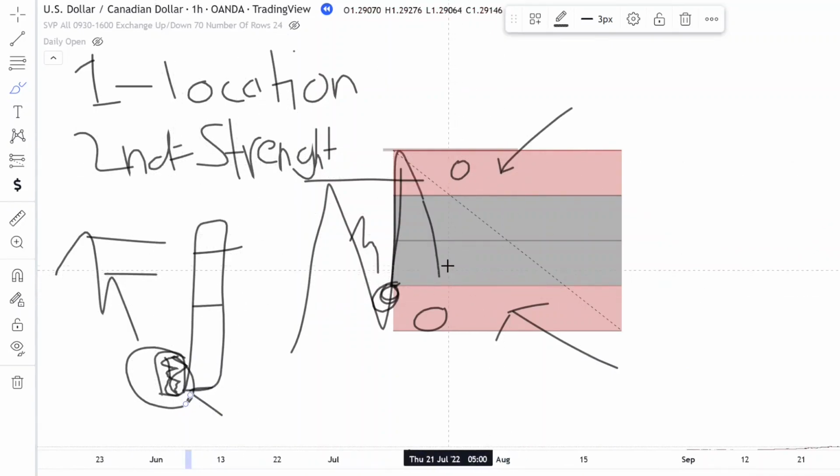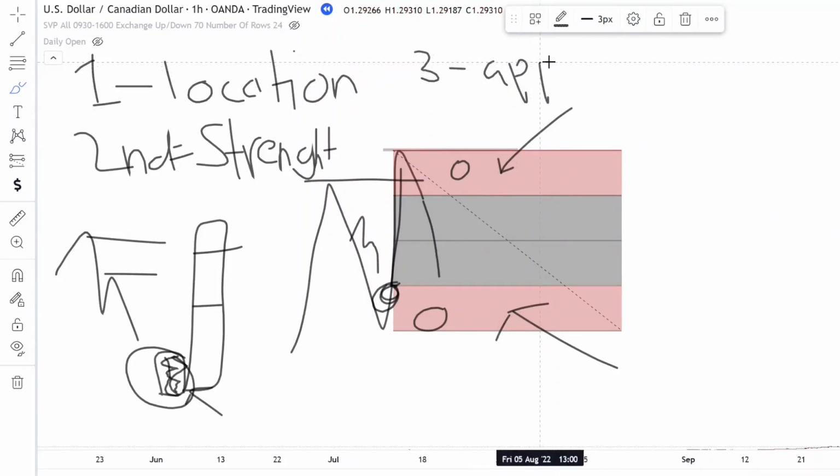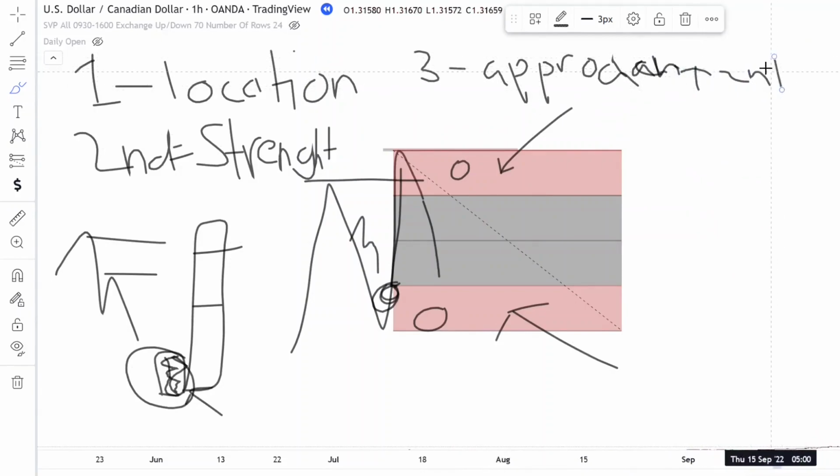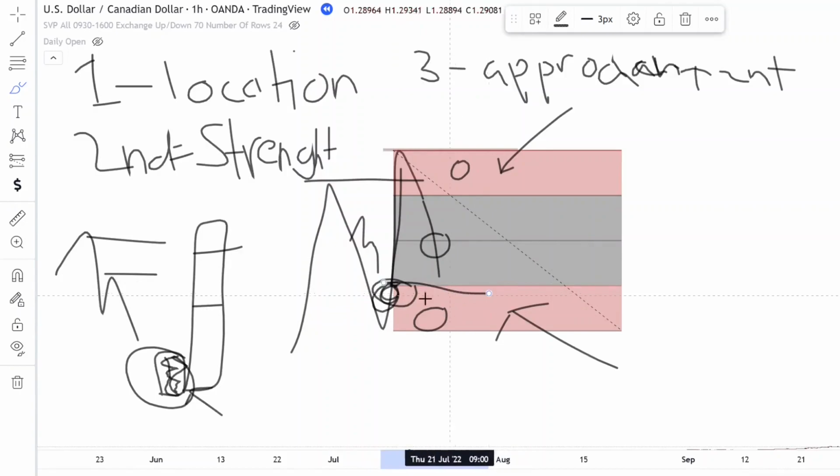Our third clue is how price approaches our candle. So third will be approachment. It's the way price starts behaving once it gets close to our institutional candle, which is right here.